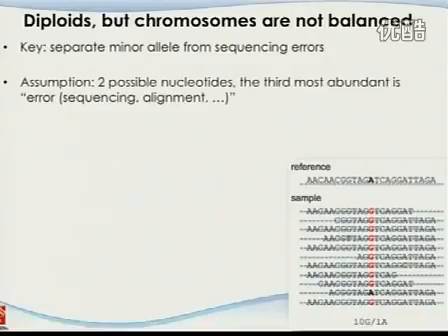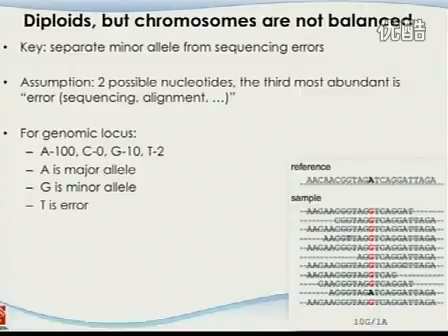And for cancer cells, how can you control the mutation in this way or that way? So it's possible, but just not what we are trying to figure out. So the assumption here is still two possible nucleotides, and the third most abundant one is an error. If you think it's not a reasonable assumption, we need to design some other approach to fix this. But this is our assumption.